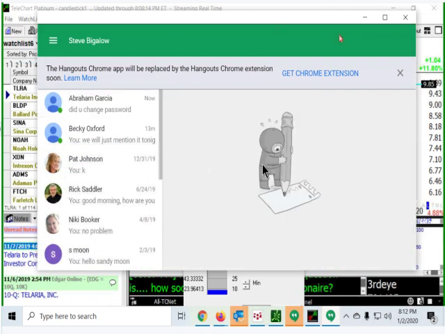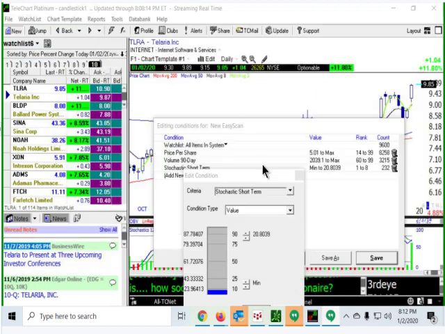Oops, hold on. I got Abe sending a message. Okay, I got to figure out how to get down here.